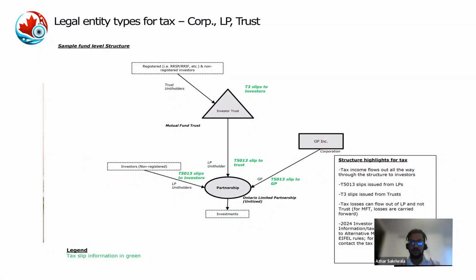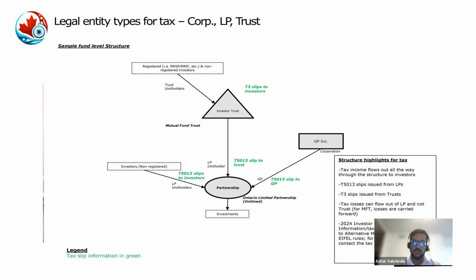Now, moving forward to what are the legal types for tax. Very important to know when is a partnership used as an asset. So basically, partnerships are generally used, especially in the field of financial services. And the reason a lot of investments and assets are done through partnerships in Canada is because of their flow-through characteristics, which means that any income that you earn within the partnership is distributed to the partners in their proportionate share.